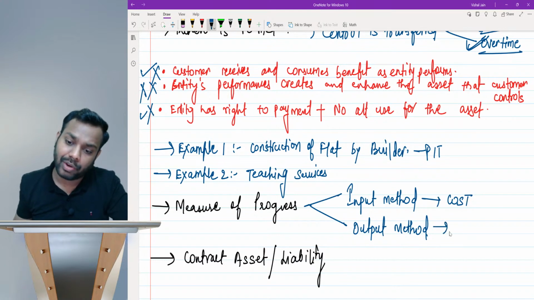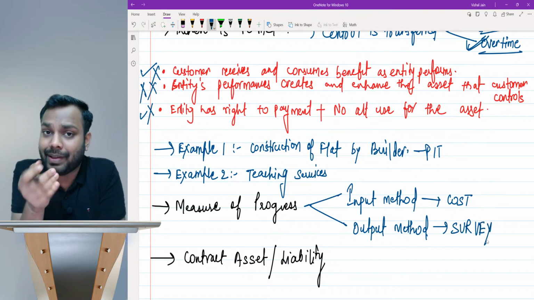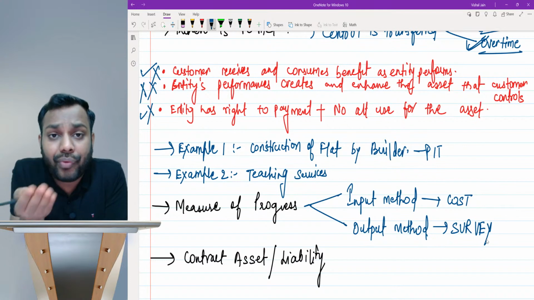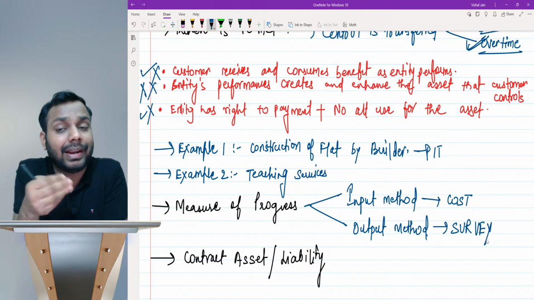In the output method you can have the survey method. Basically you have to measure what benefit the customer has got from the services done by me till date.